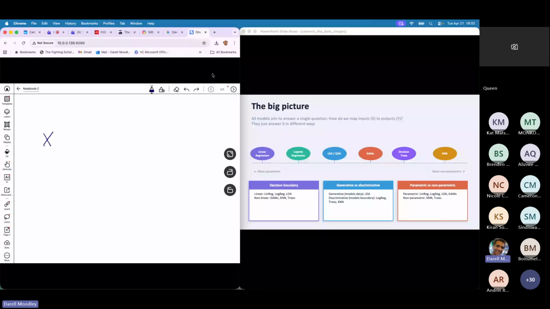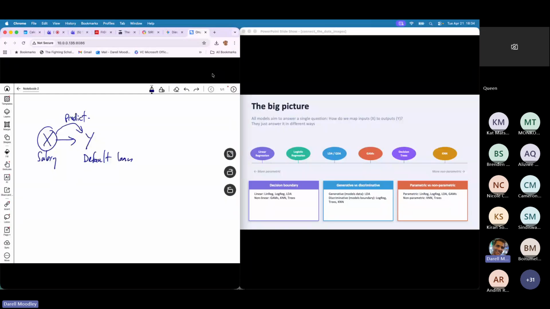Say we're taking salary, and we're trying to predict whether they would default on a loan. We're trying to map x to a y, whatever we're trying to predict, default on a loan. And that's essentially what supervised learning is.